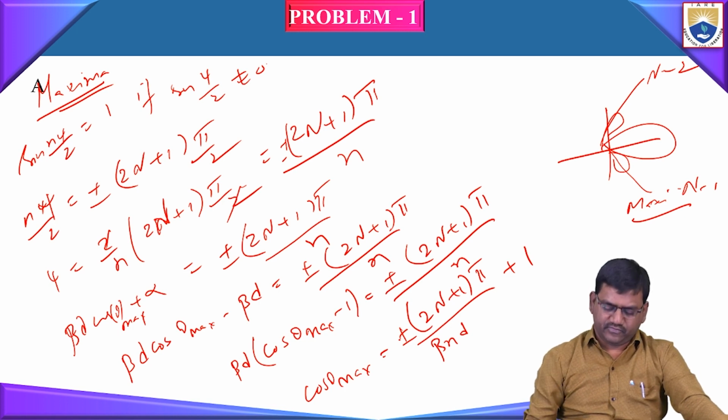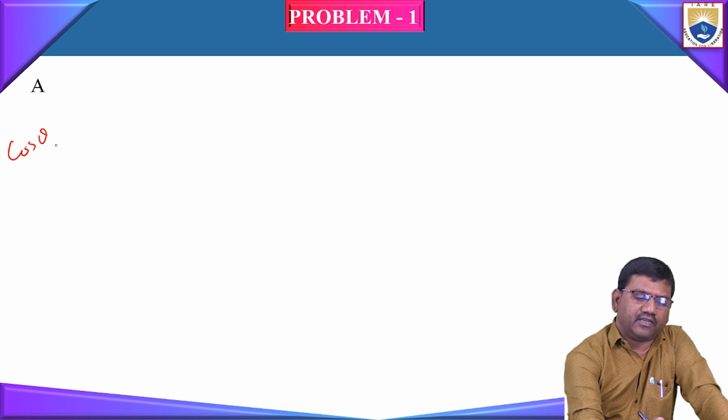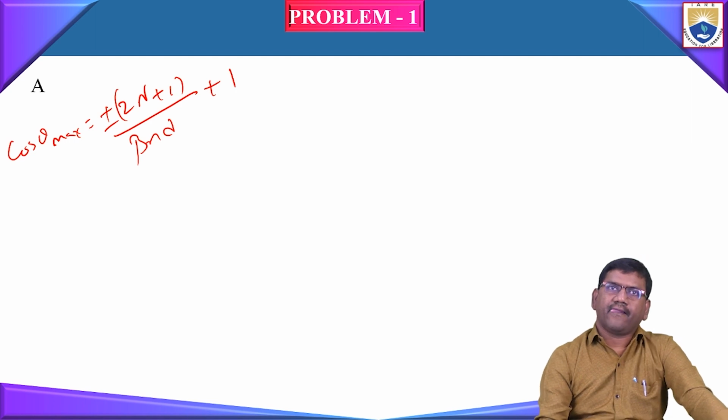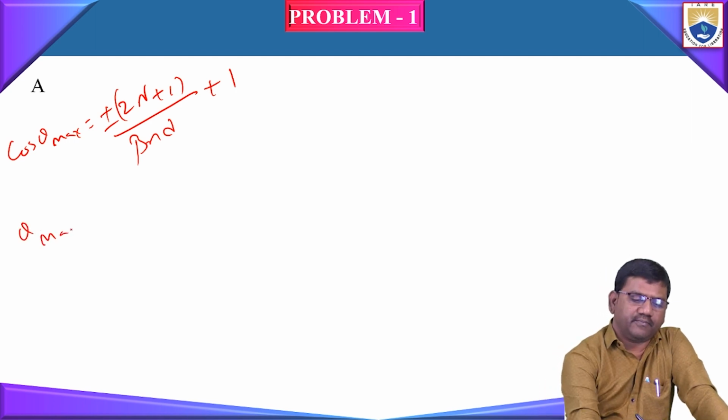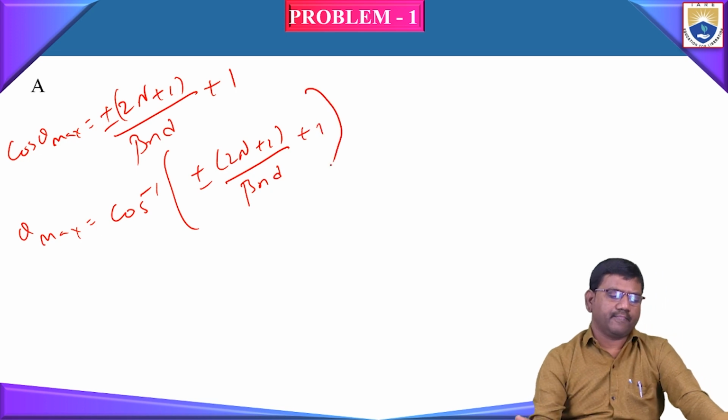So this is the equation we got. Let us further simplify. So here we are getting cos θ max as plus or minus (2N+1) divided by β n d, plus 1. So from this equation you can find out the value of θ max is equal to cos inverse of plus or minus (2N+1)/(β n d) plus 1.